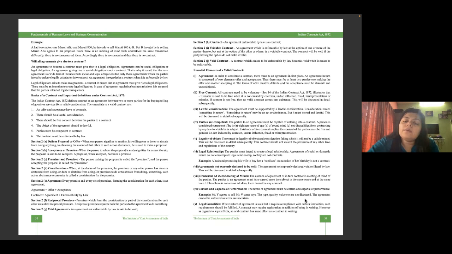When we are talking about certain and capable performances, or the fact that consensus ad idem should be with the person to whom the offer has been made, then in that case the doctrine of frustration or the doctrine of impossibility doesn't come in between.